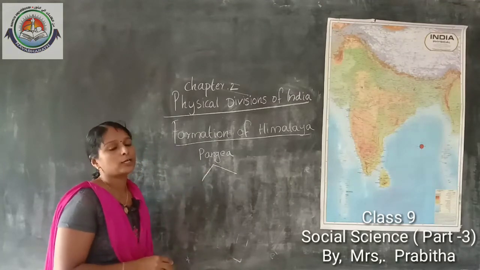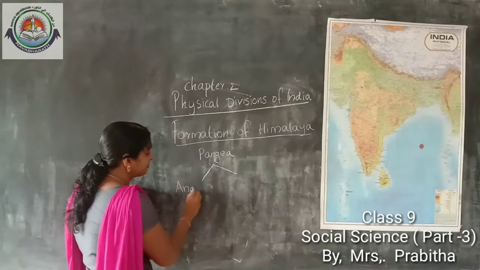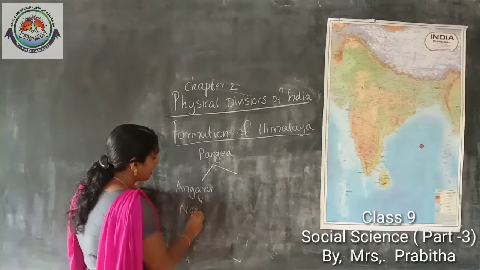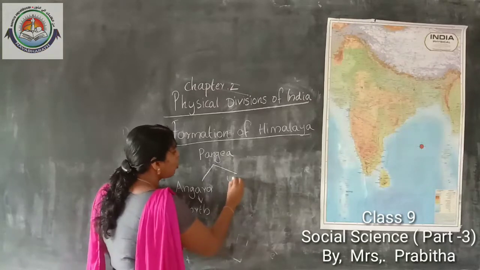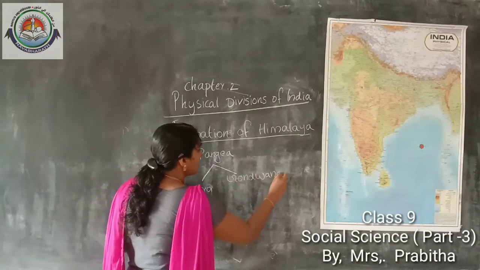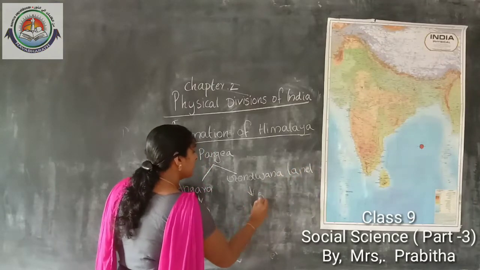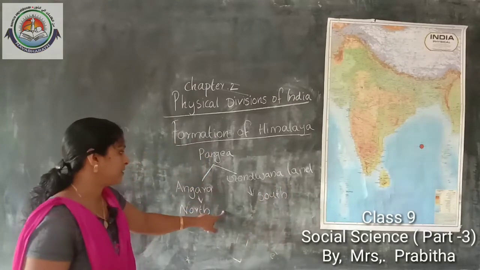The northern part of Pangaea was known as Angara, and the southern part of Pangaea was known as Gondwanaland.